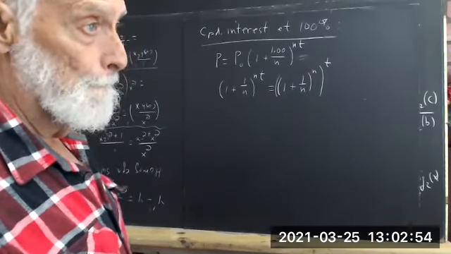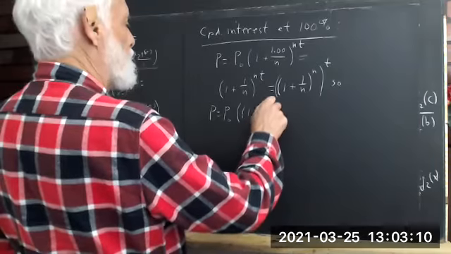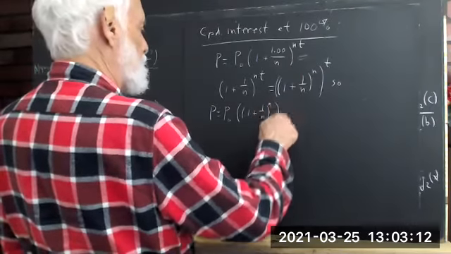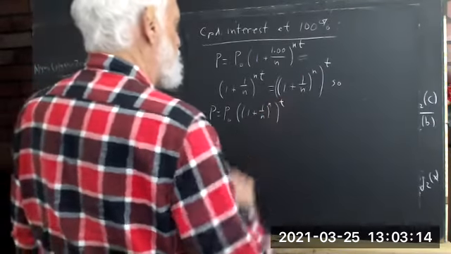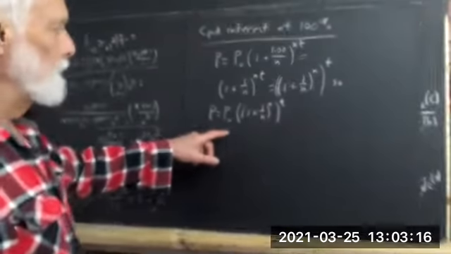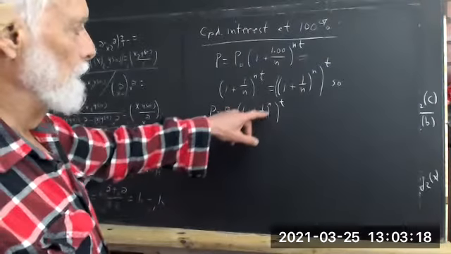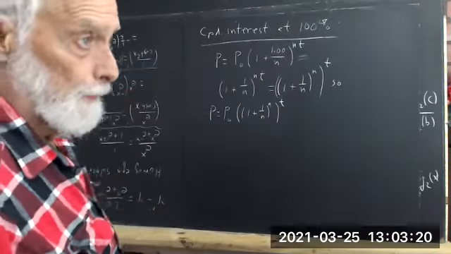Okay? So P equals P naught times 1 plus 1 over n raised to the n raised to the t.